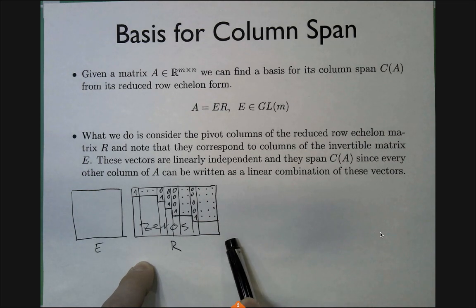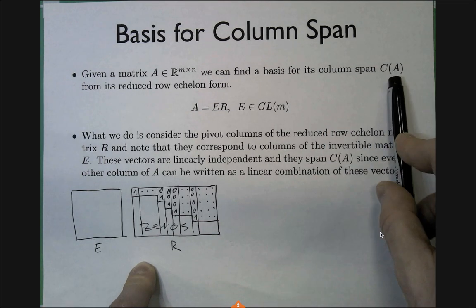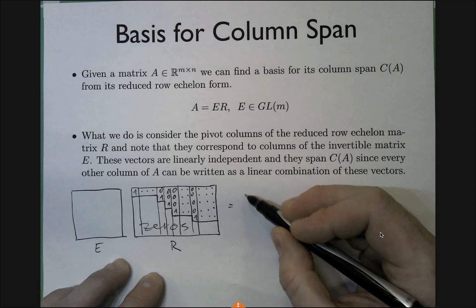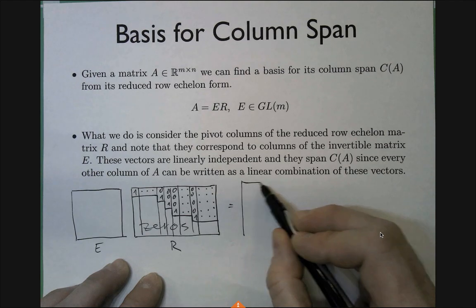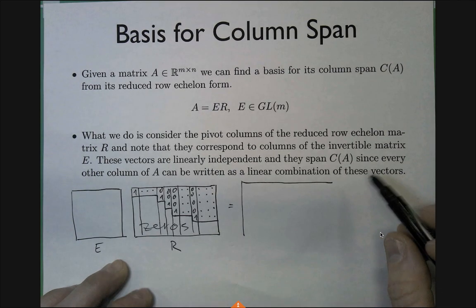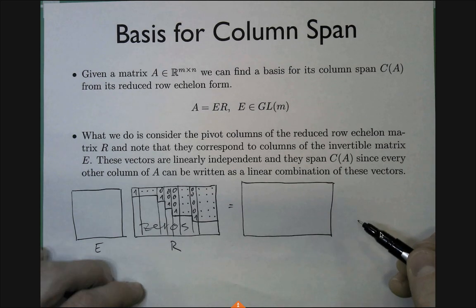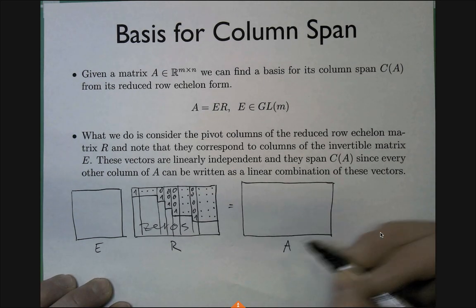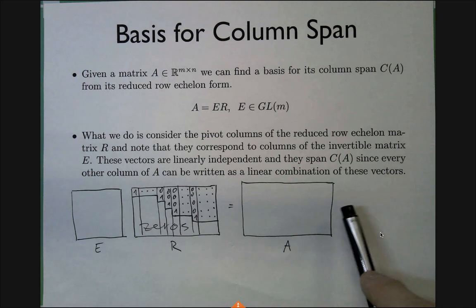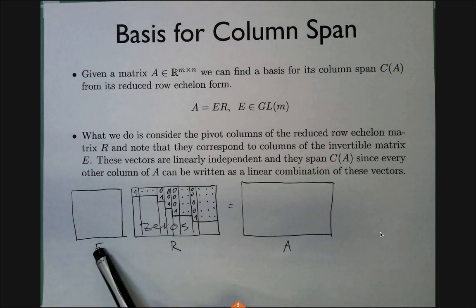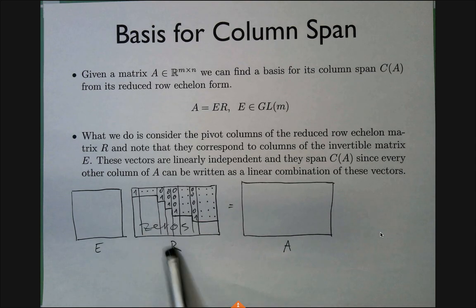And I want to use this to find the basis for the column span of the original matrix A. The original matrix A is the product of the two, right? It has a dimension like this. So this is my input matrix. I'm interested in the column space of the matrix, and I wonder what's the basis of the column space. And the basis I can read from these two matrices.